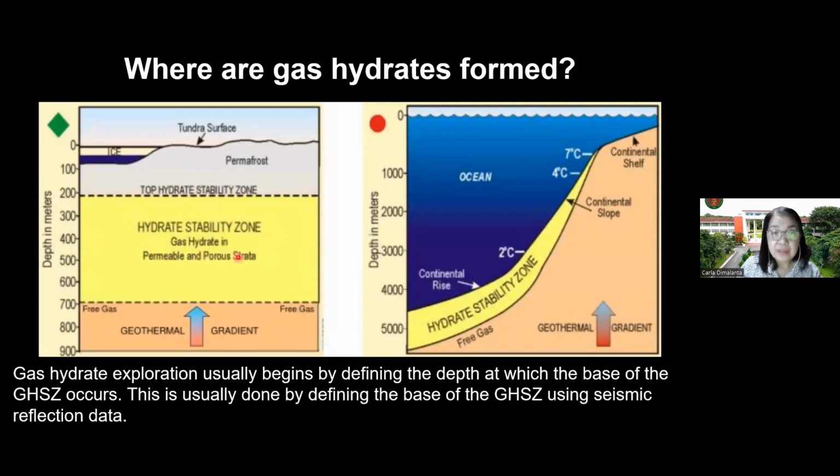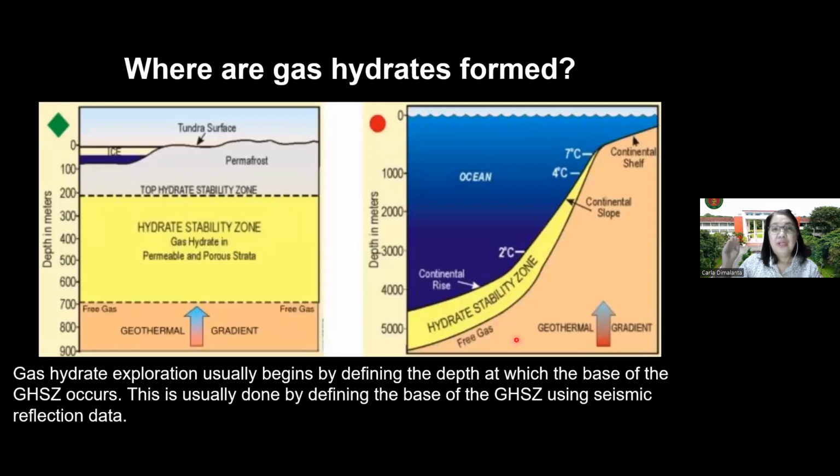But beneath the hydrate zone, you can see that free gas is going to be present underneath that layer. If we look at the active margins, like the convergent margins, and the deep marine areas, then we will also need to identify where the hydrate stability zone is. And beneath that, again, is a free gas layer.